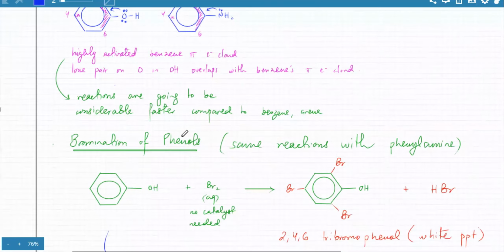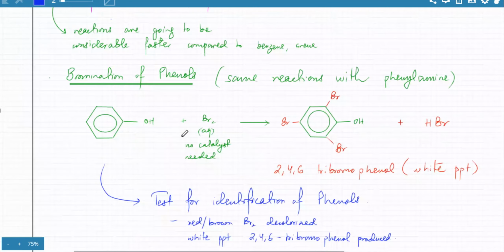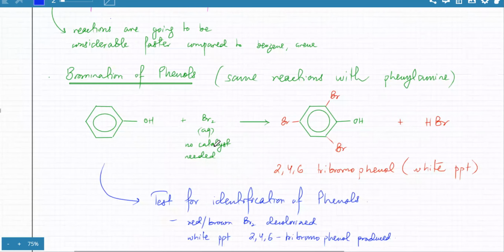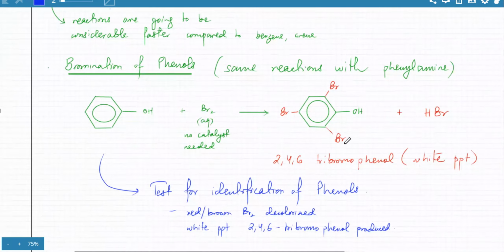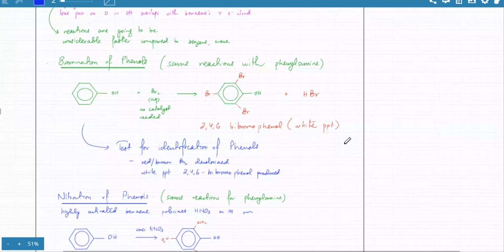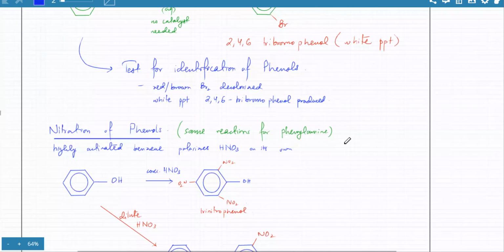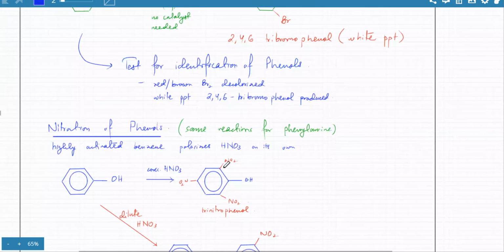So bromination would happen at a very fast pace. There would be no catalyst needed, and at all three positions, bromines are going to get added. And the same was true for nitration as well, that if a phenol was to undergo bromination or nitration, NO2 would get added to all three positions.